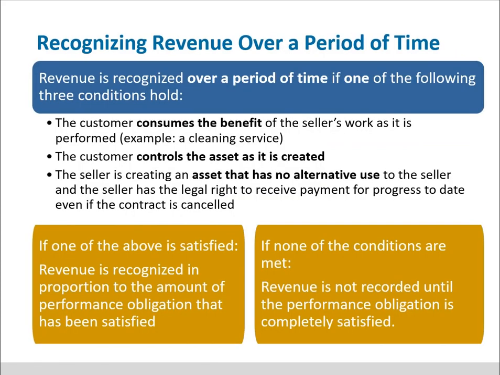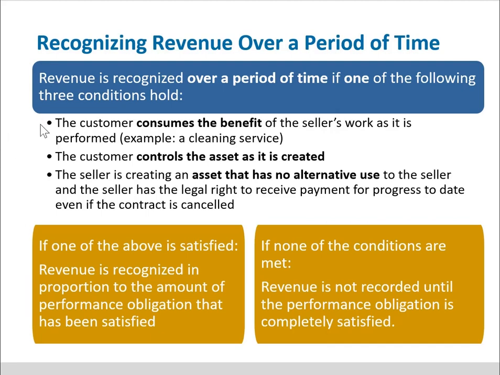As we saw in the previous slide, the most common situation is that a company satisfies a performance obligation at a specific time, and we recognize the revenue at that point in time as well. However, there are situations where companies need to record their revenue over a period of time. There's 3 different situations that can create that. They're on the list below here.